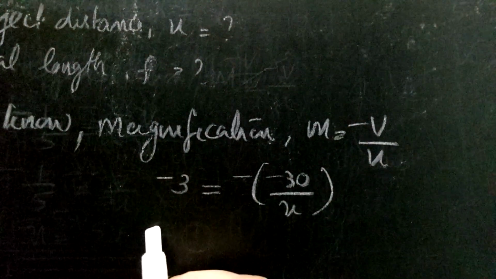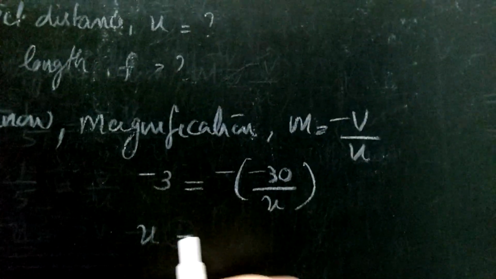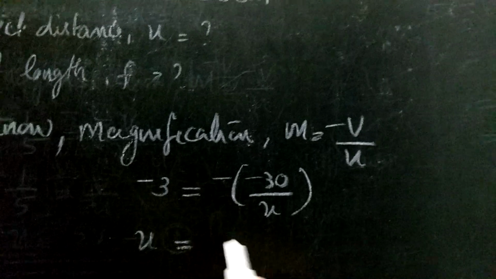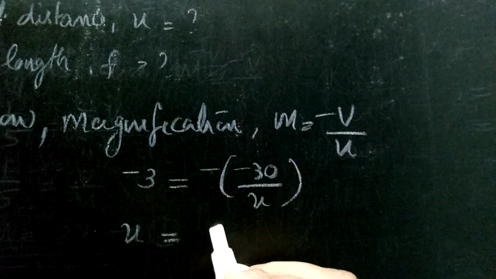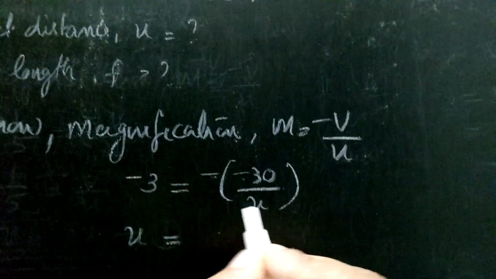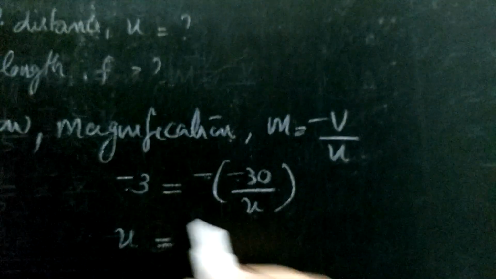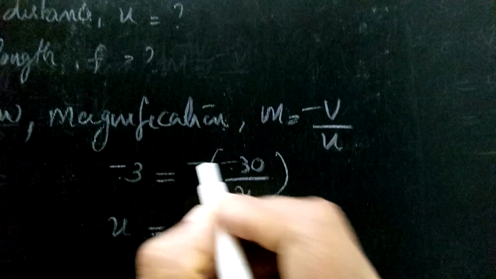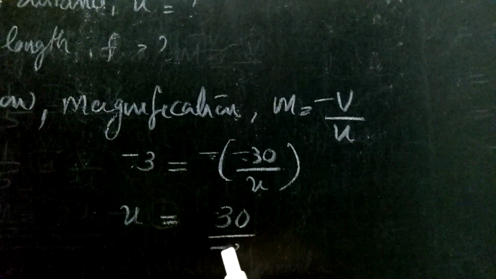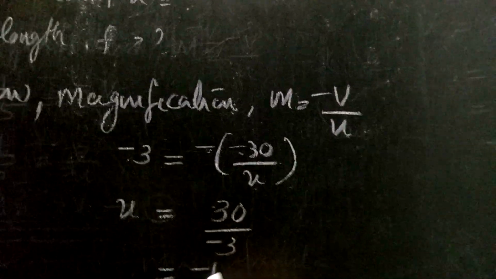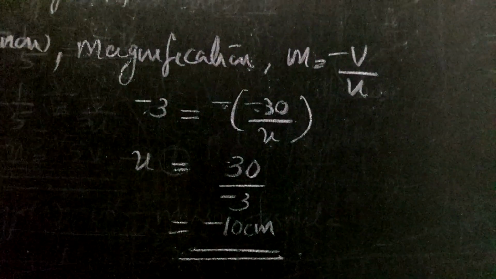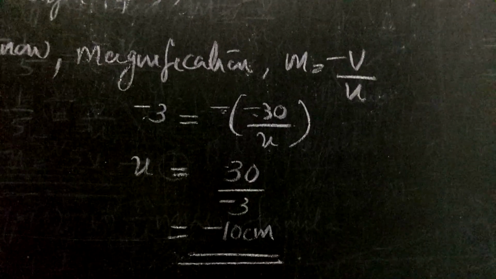Isn't it? So from this you have to find u. Negative and negative become positive, so 30 divided by negative 3. So you will get negative 10 centimeter. So this will be the object distance u.